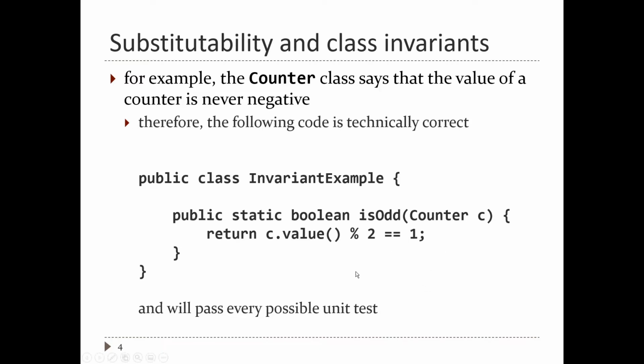So this method fails if the value of the counter is negative. You can make sure that this method never fails by writing it as c.value % 2 != 0. However, this code as it's written is correct for our counter class because the counter class guarantees that the value of the counter is never negative.